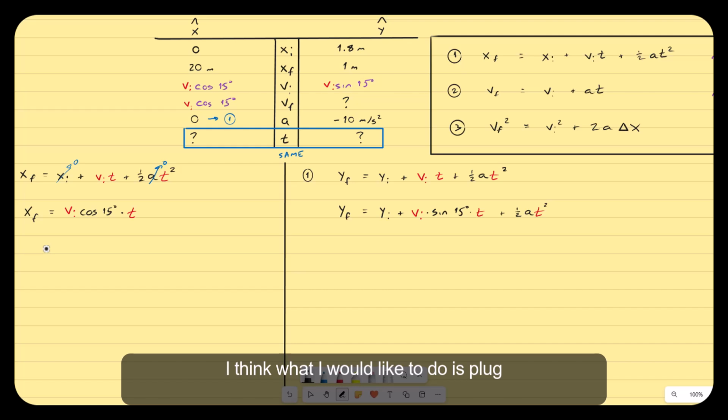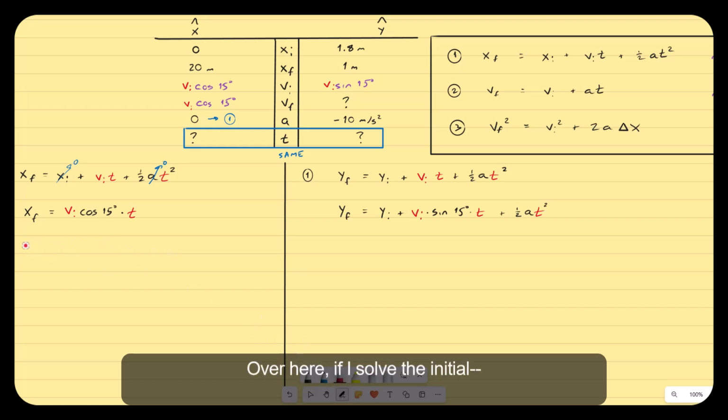I think what I would like to do is solve this one for v initial so that I only have to plug it in the one spot. I know it's going to be kind of a pain, and that means I'm going to end up having to solve this thing twice. But let's see.